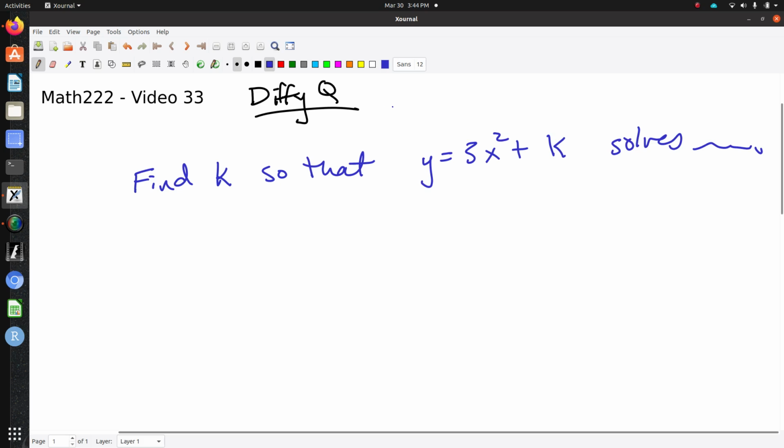And so the way you would go ahead and do this is you say y prime is equal to 6x. In this case, the k disappears, but if the k were multiplied by, say, an x, you would have a plus k here. Okay, so whatever you do, you take some derivatives and you plug it back into whatever your equation is.